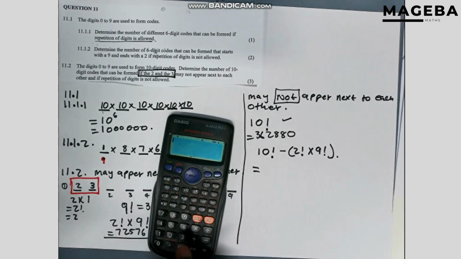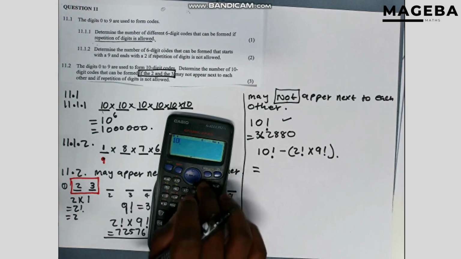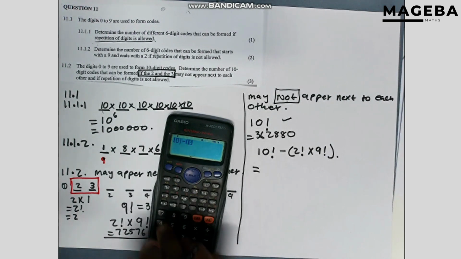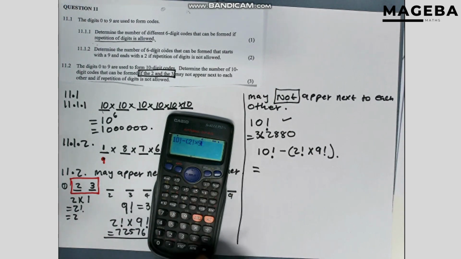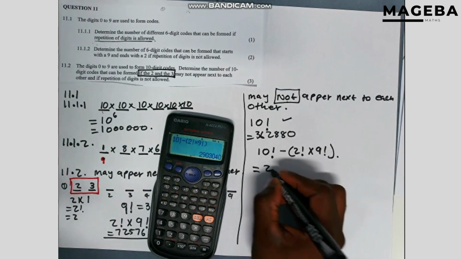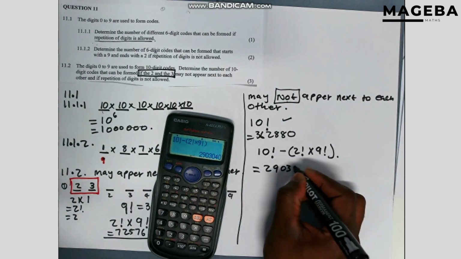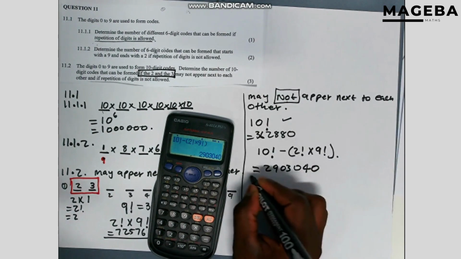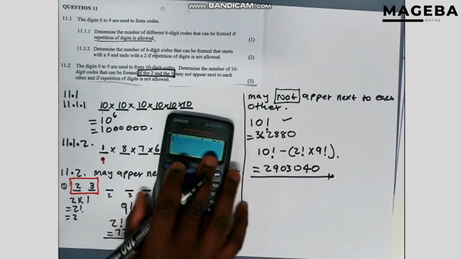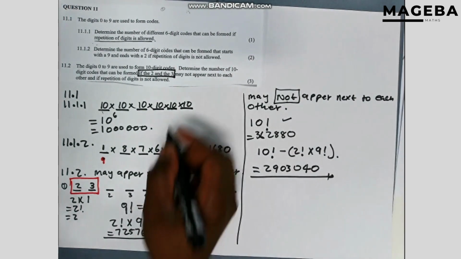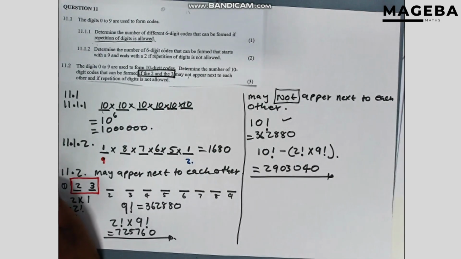That's how we do it. So it's 10 factorial minus 2 factorial times 9 factorial. Then we find 2,903,040. So this is how we find may not appear next to each other.